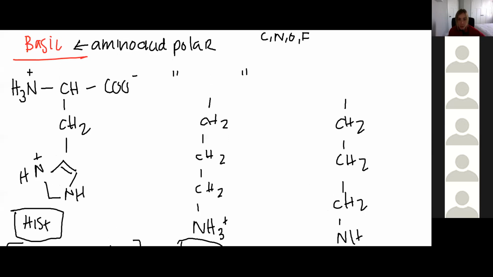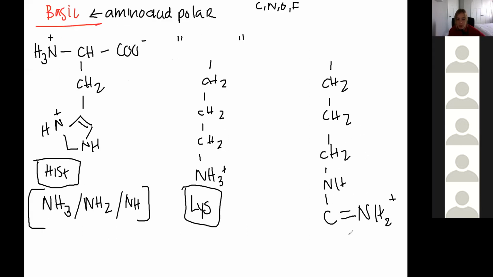And that's 2 plus. And then down here is a single bonded NH2. So we have a lot of nitrogen down here, but overall, it is still a basic amino acid. And this is arginine, ARG.